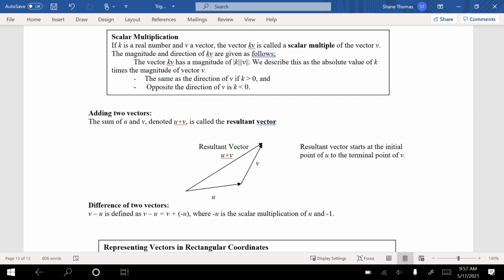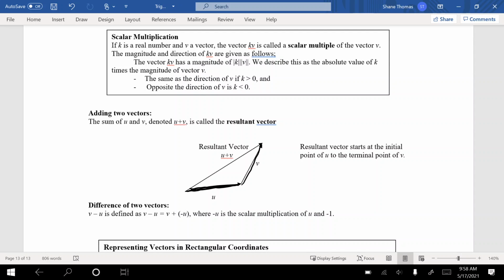Now, next thing is adding 2 vectors. If you want to add 2 vectors together, you take the first vector, and wherever the first vector ends, you tack the second vector on at the end. So this is the first vector, this would be the second vector.